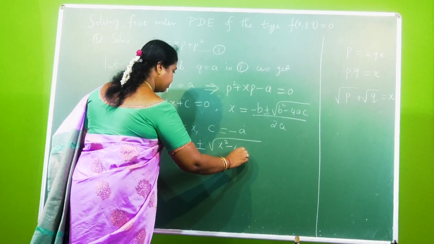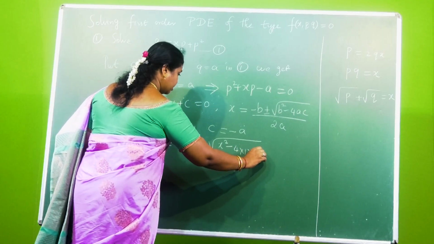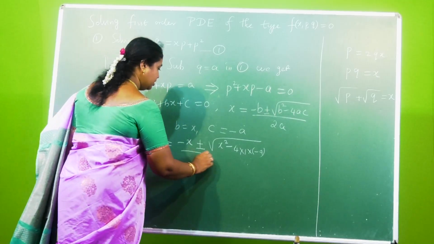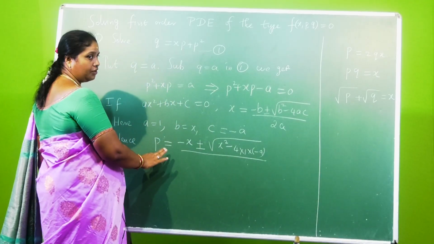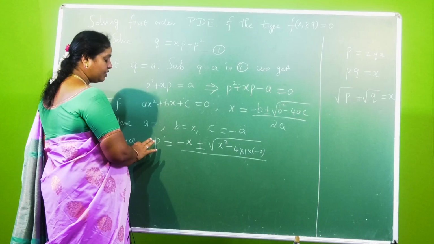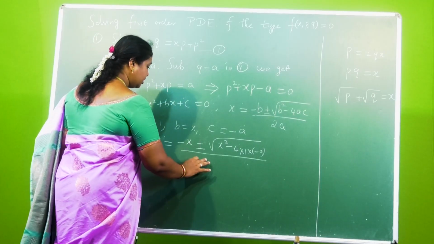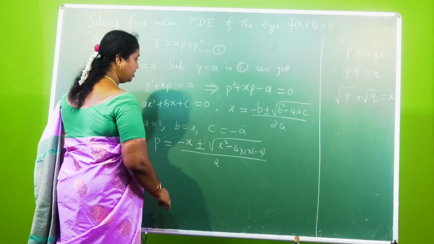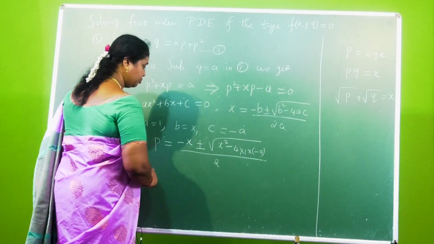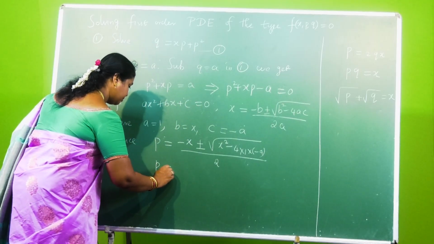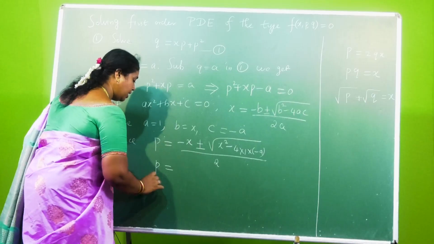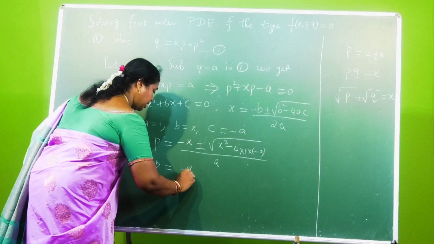So, 4 into 1 into minus a. Students, you have to be careful while finding the value of p. This is divided by 2 times a. What is a? a is 1. So, that is 2. So, we can write it separately like this.